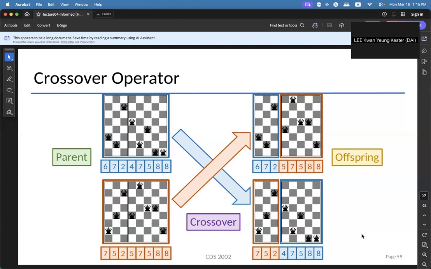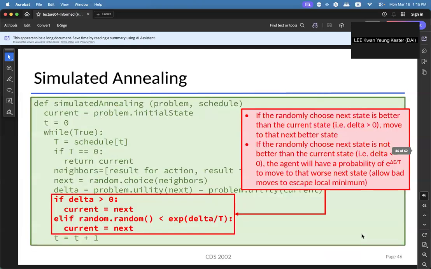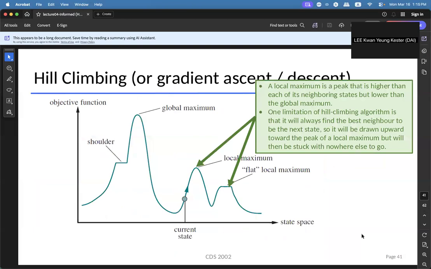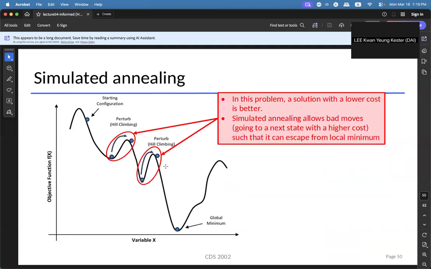But one problem we need to work on is similar to the third problem we have been talking about. If all your solutions are clustered right here, next to the local maximum or local minimum, then no matter how much crossover or mutation you do, you will get stuck right here.